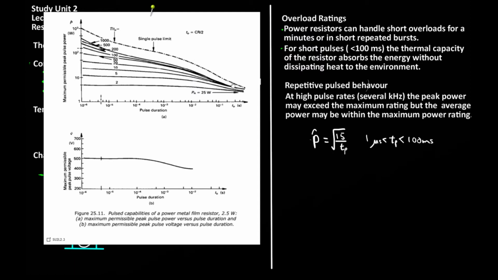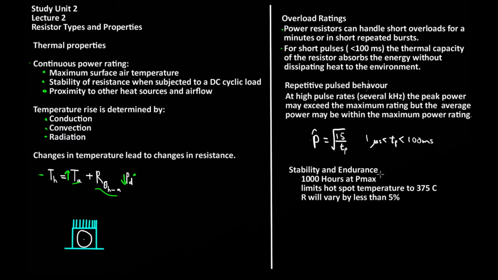Resistors can also have a stability and endurance rating, which is a description of how stable the resistance of the resistor will be under certain operating conditions. In the example given here, the spec sheet might state that for 1000 hours at some power dissipation Pmax, the hotspot temperature will be limited to 375 degrees, and under these conditions the resistance R will vary by less than 5% of the total resistance of the device.